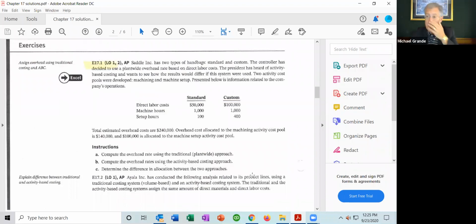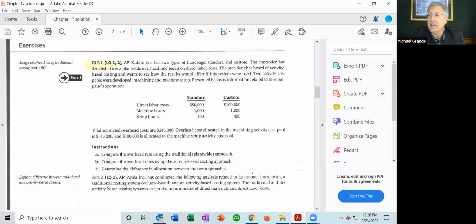So what are they asking us to do? A, compute the overhead rate using the traditional single predetermined overhead rate approach. B, compute the overhead rates using the activity-based costing approach. And C, determine the difference in allocation between the 2 approaches. So again, be careful what they're asking for here.